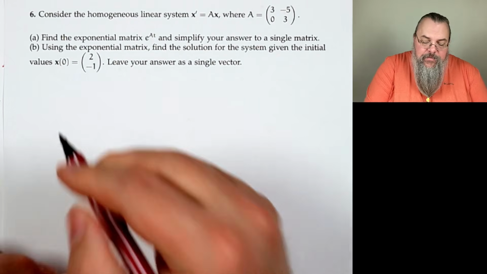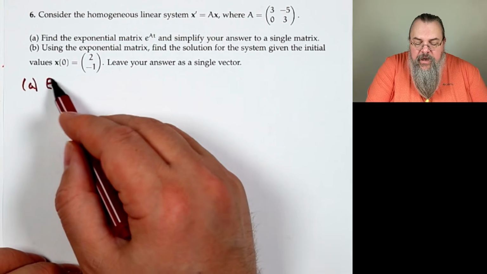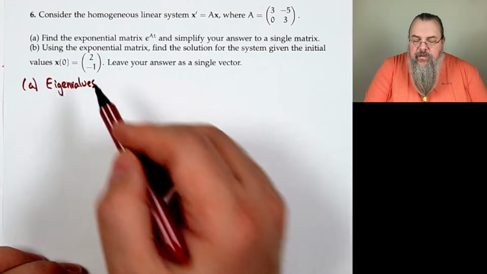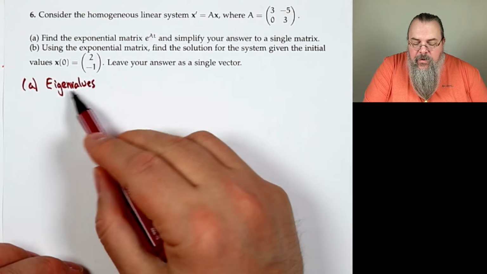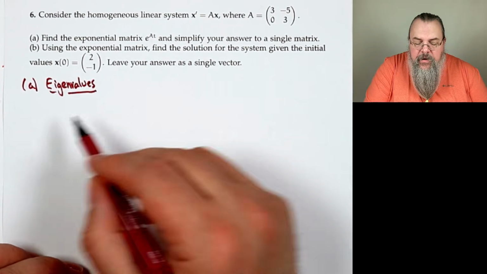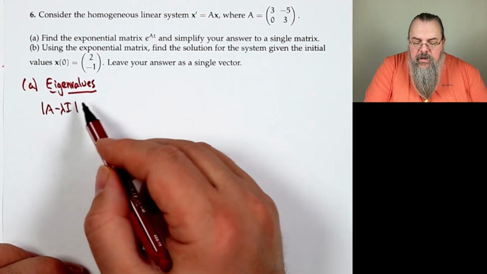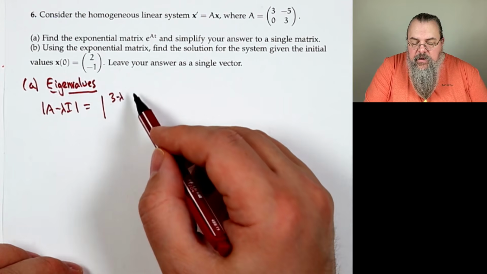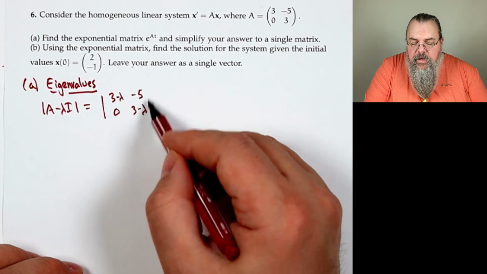All right, so very similar to the last problem, just a different matrix. So what could be different? Well, let's find out. We start by finding eigenvalues. It always helps us because that's going to say which path we take. So we have the determinant of A minus lambda I, and that's the determinant of [3 minus lambda, -5; 0, 3 minus lambda].